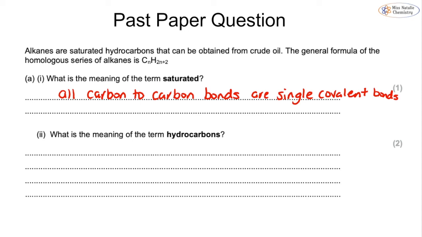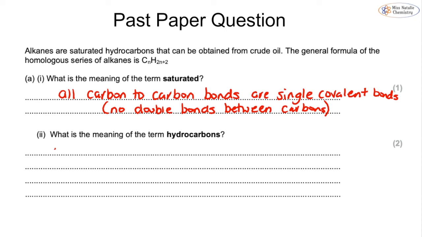You could phrase it the other way, where you say that there are no double bonds between the carbons. So you can phrase it as what is there or what is not there. Either one would be accepted for 1 mark. And then part 2, the gold standard question for an organic paper: what is a hydrocarbon? It is always worth 2 marks, and you should have this drilled into your head by now.